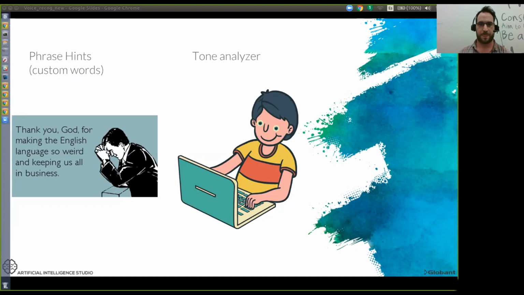If it happens that in your company there is a recurring word that is very context specific, you can use this. And then you can use tone analyzer, which is a very useful tool. Tone analyzer can understand emotions and communication style in text. So you can track behavior, emotions, and satisfaction in your customers and in whatever pipeline you want in your company.